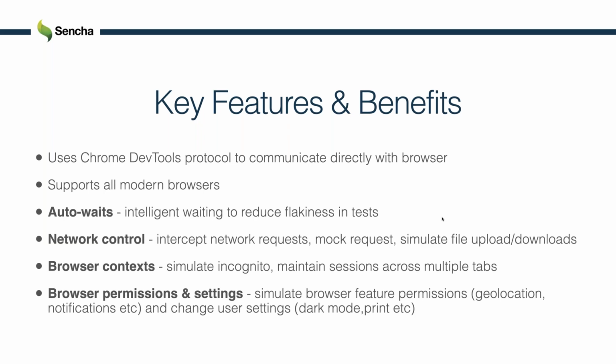One of the other key benefits that it touts is intelligent auto waiting. A lot of the time when you're doing automated testing, when we do it manually, we wait for elements to appear on the page, we wait for a request to finish, and often automated testers try to do things too fast, and so they try and click where the button hasn't appeared yet.